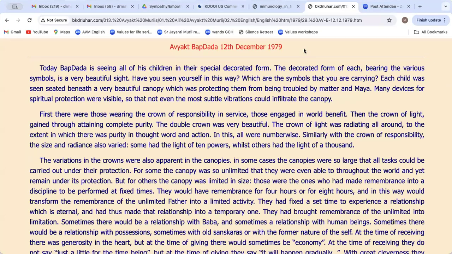But according to Baba, everything is very subtle. He is so subtle and he'll always speak about subtle things. So he says that it not only protects you from matter, so the sunlight also is a part of matter, but more important is Maya. And this Chhatra Chhaya is Parmatam Chhatra Chhaya. It's God's canopy.